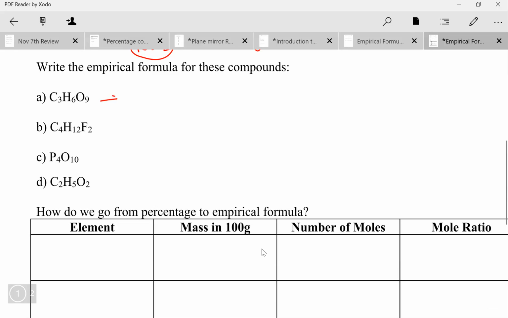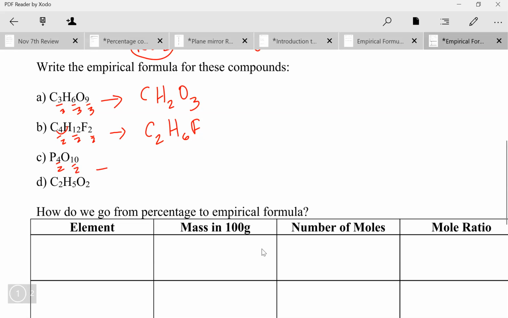So the empirical formula for this would be CH2O. For this one it would be C2H6F, because we're dividing all of these by 3 to get it to lowest terms. We're dividing all of these by 2 to get it to lowest terms. We can't divide by 4 because 2 divided by 4 will be 0.5.